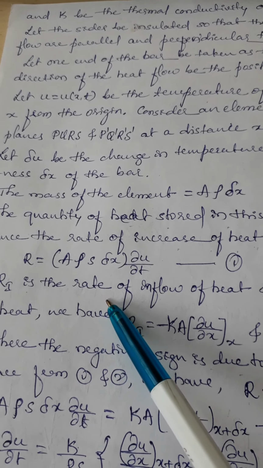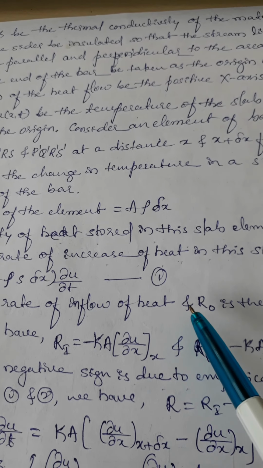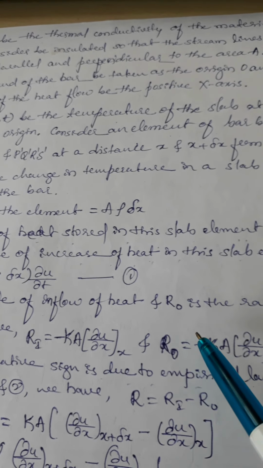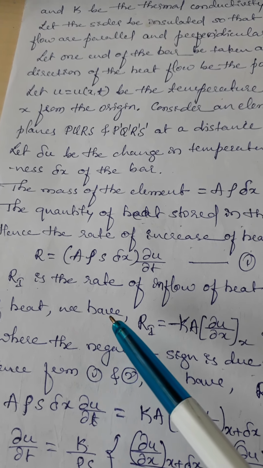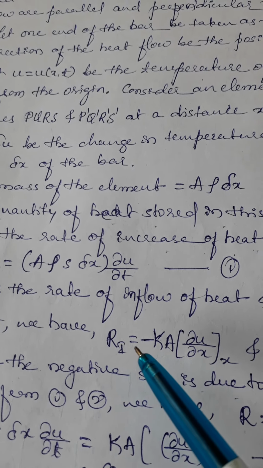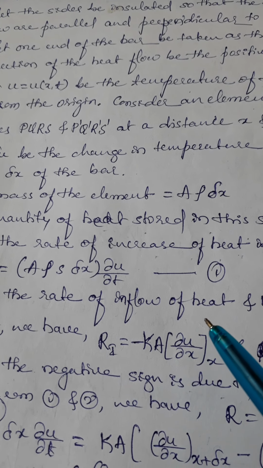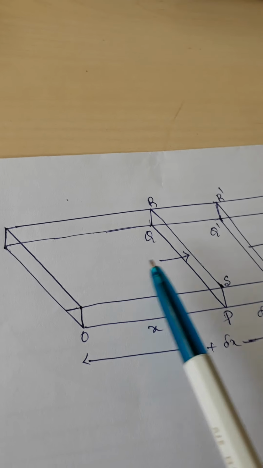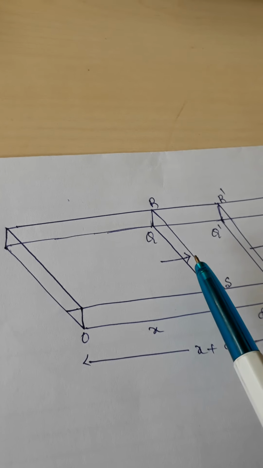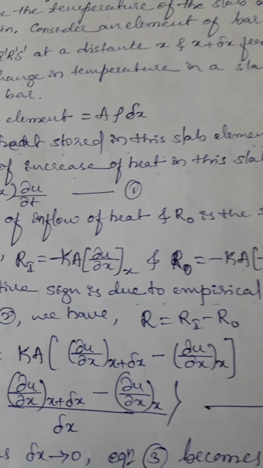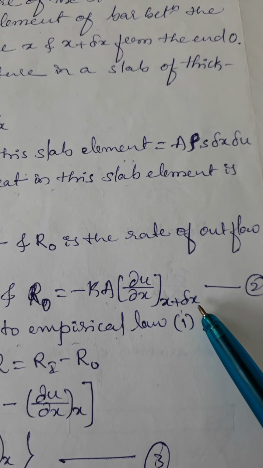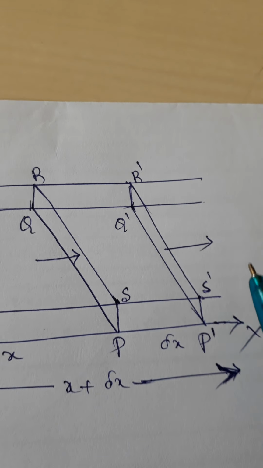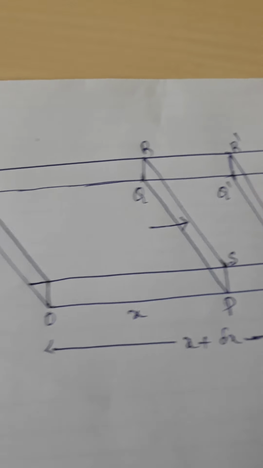If Ri is the rate of inflow of heat and Ro is the rate of outflow of heat, then we can write Ri equal to minus K A dou U by dou x at the point x, because here heat is inflow, and Ro is minus K A dou U by dou x at the point x plus delta x, because here heat is outflow.